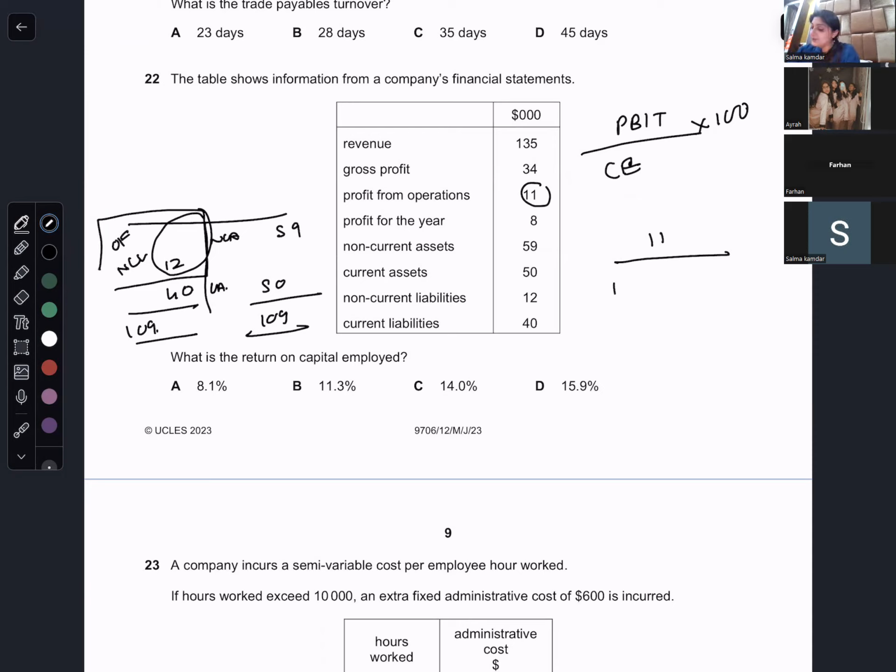So my capital employed would be 109 minus the current liabilities, 40, which is 69. So 11 divided by 69 into 100 is 15.9%. That is option D.